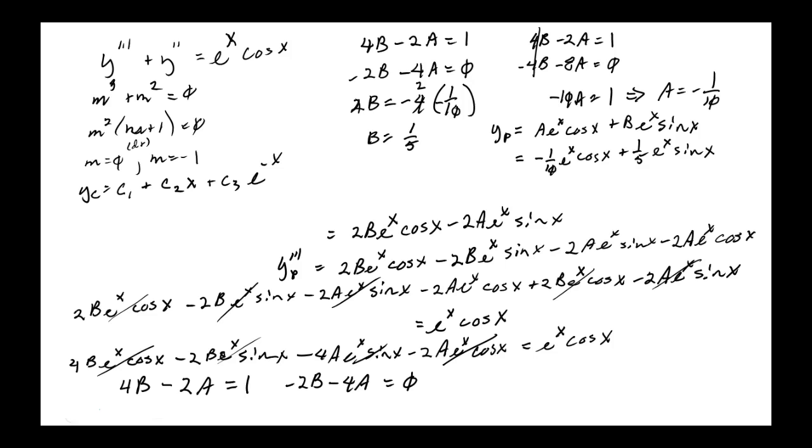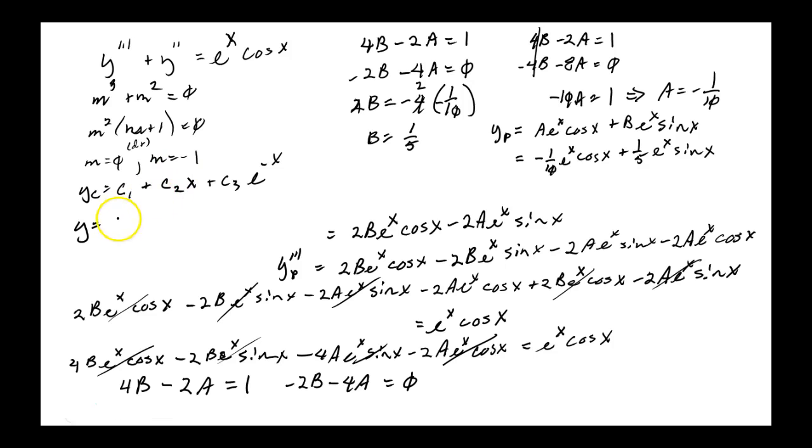Okay? Now, our overall solution, y, is yc plus yp, and that would be c1 plus c2x plus c3 e to the minus x minus 1/10 e to the x cosine x plus 1/5 e to the x sine x.